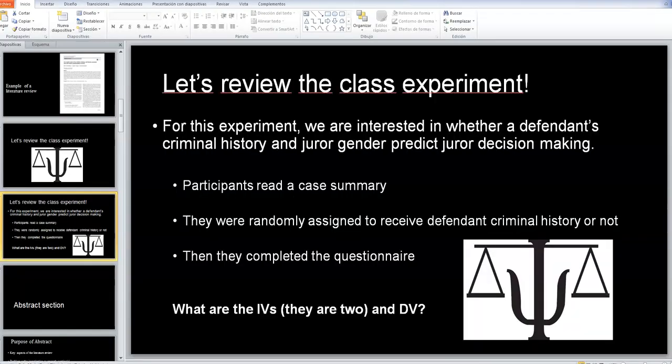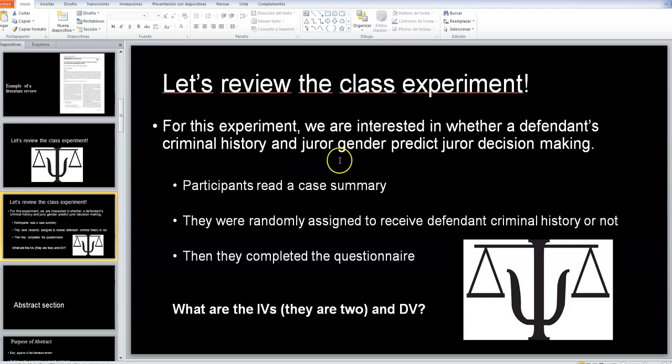So let's go back here. Randomly, you might have read that the person had a criminal history, or you may not have been given that information. So what is the independent variable and what is the dependent variable? The independent variable is whether you receive the criminal history or not. This is the variable that was manipulated.